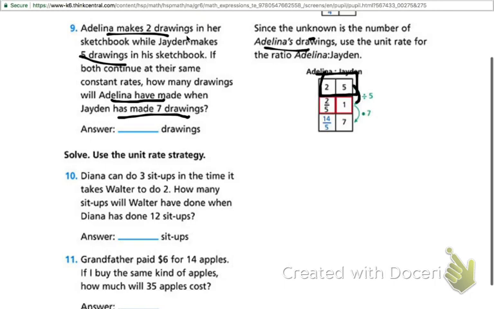So we take 2, divide it by 5 on this side, divide it by 5 on this side, and it becomes 2/5. Then, because we have to multiply it by 7, because Jaden made 7, we multiply that and we get 14/5, which is, she will have finished 2 4/5 of a drawing.